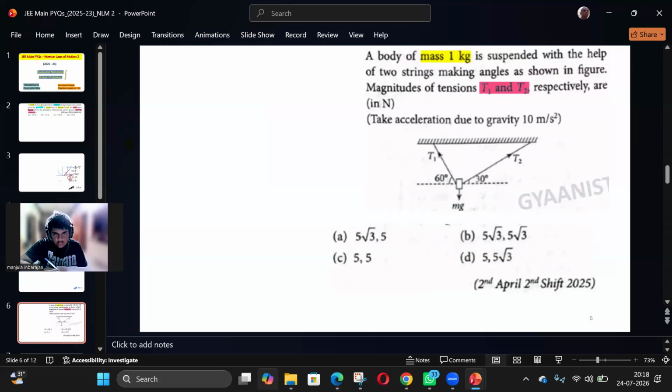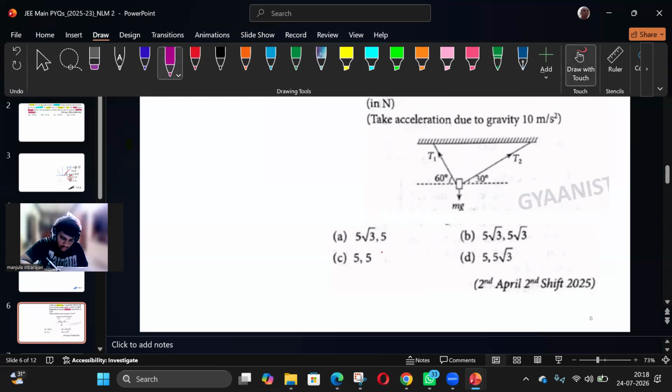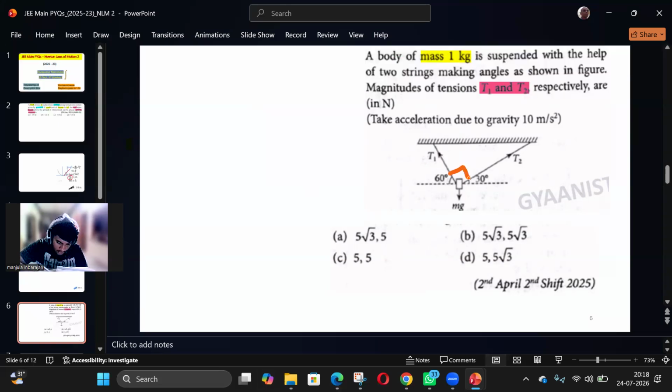Lami's theorem. Oh, okay. T by cos 30 or sin 30 equal to T by sin 60. This angle is 90 degrees, because 30 plus 60 is 90.